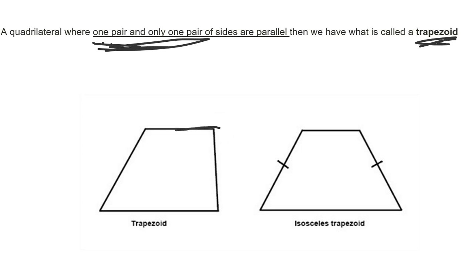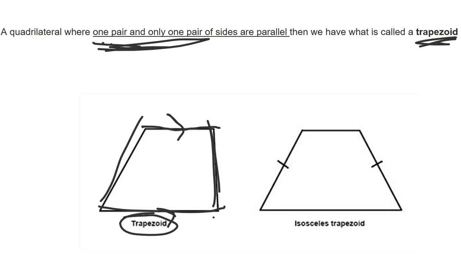So we could see this would be a trapezoid where I have two parallel sides, and then my legs obviously here, these two are not parallel, which would make this now a trapezoid. And I can have an isosceles trapezoid, which means I've got my two parallel lines and then my two legs. These are my legs. My two legs are going to be congruent, which means they're going to be the same measure.